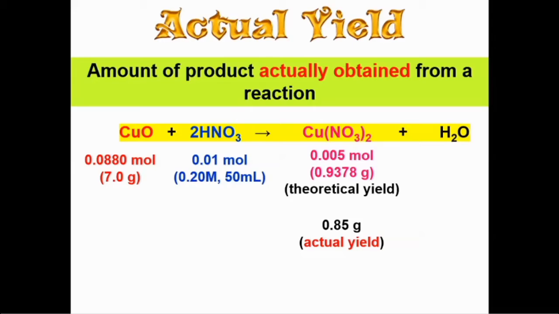We have 0.088 moles of copper(II) oxide and 0.01 mole of nitric acid, so we should get 0.9378 grams of copper(II) nitrate. However, in the actual reaction, let's say we only manage to get 0.85 grams, and this yield here is what we call the actual yield.